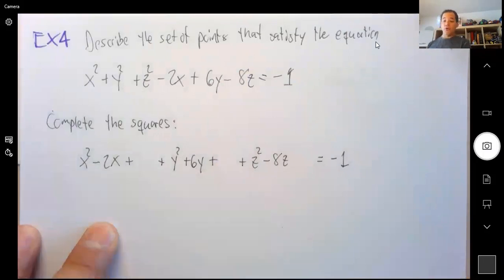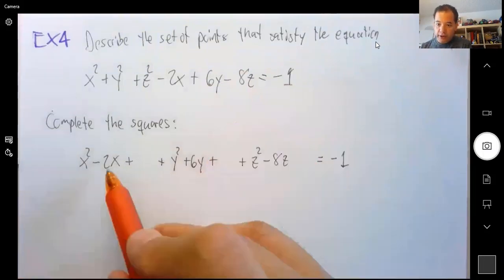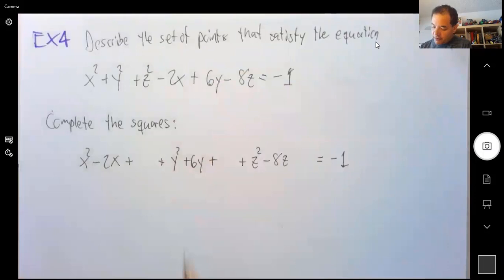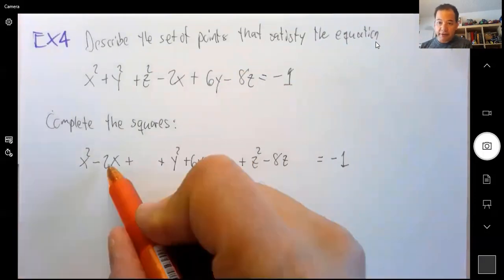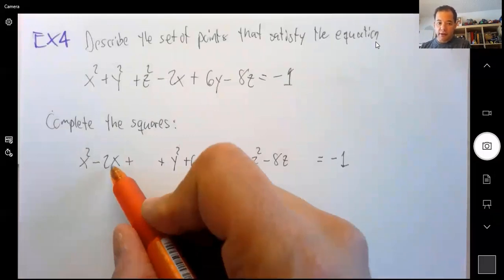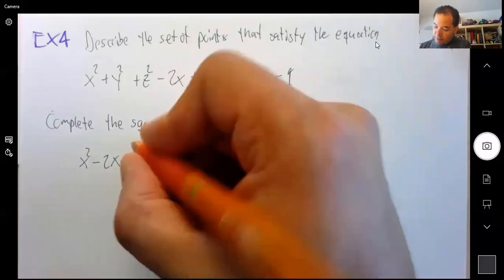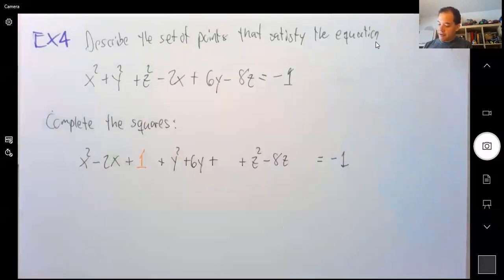Now you know, or you should know, how to complete the squares. So what should I add here? Well, the way to do it is you take this number, the x coefficient, you halve it. So the half of -2 is -1. And then you square it. So 1 is what goes here, right?